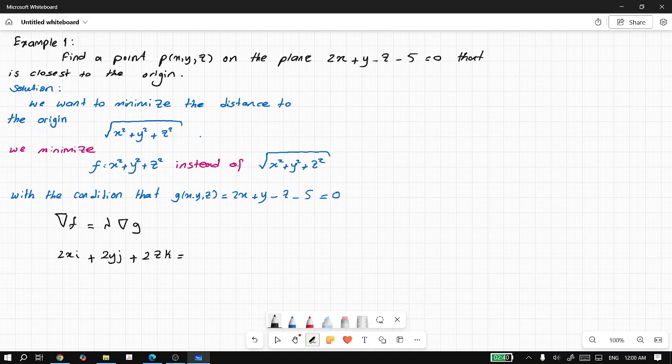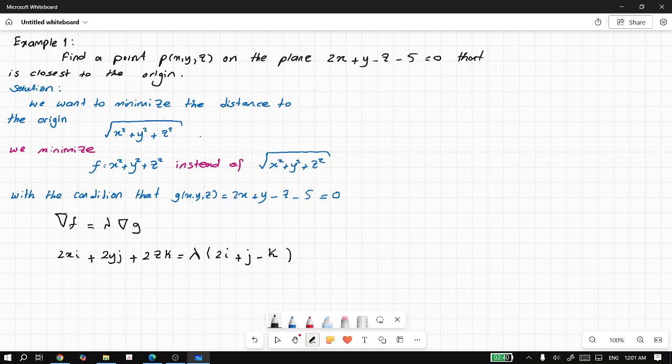That must equal lambda multiplied with grad g. What is grad g? Again, the derivative of g with respect to x, y, and z. So with respect to x, it becomes 2i. With respect to y, it becomes j. And with respect to z, it is equal to minus k.